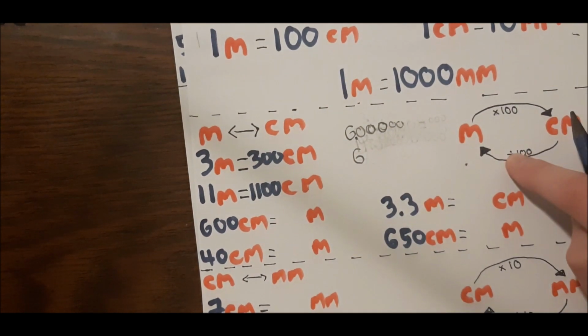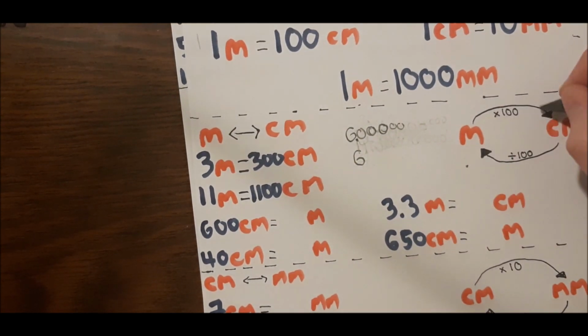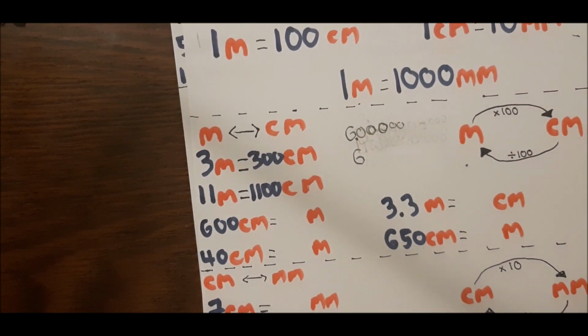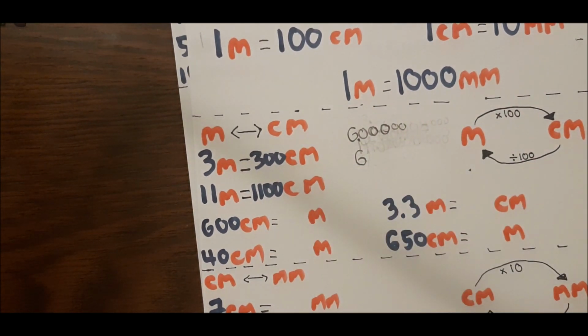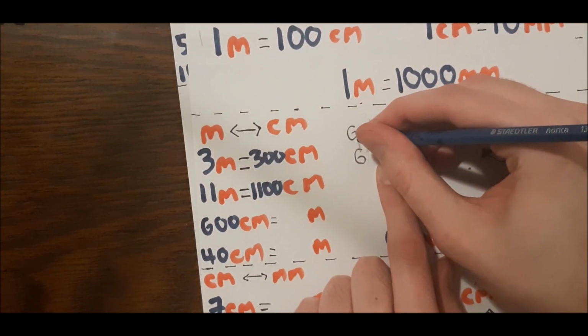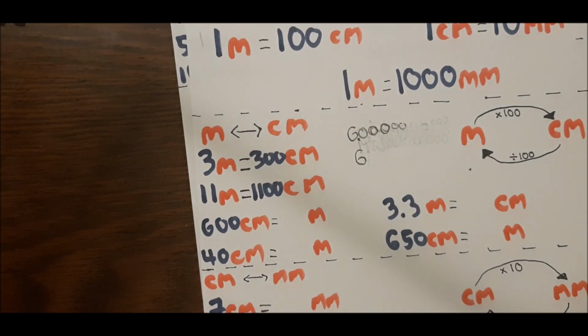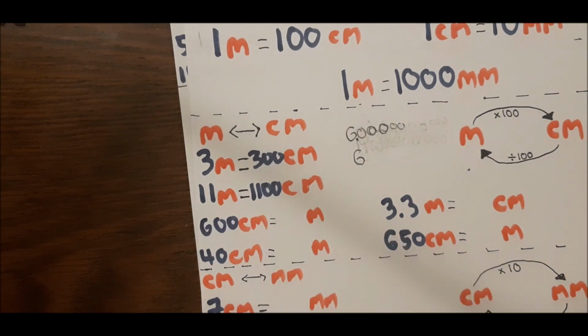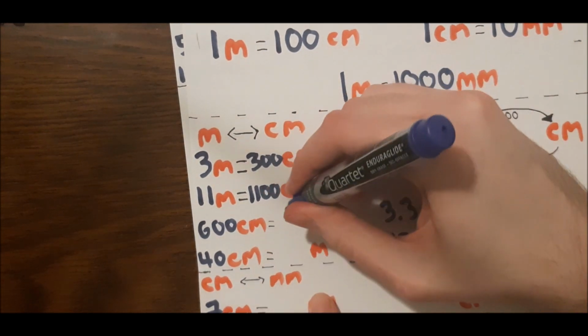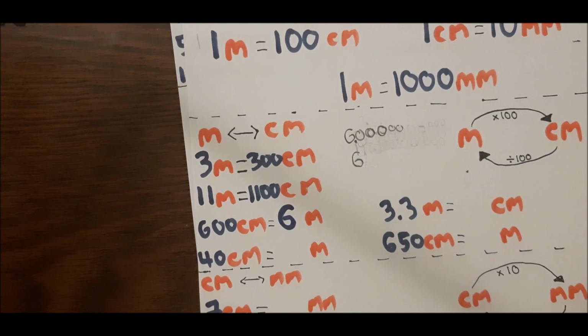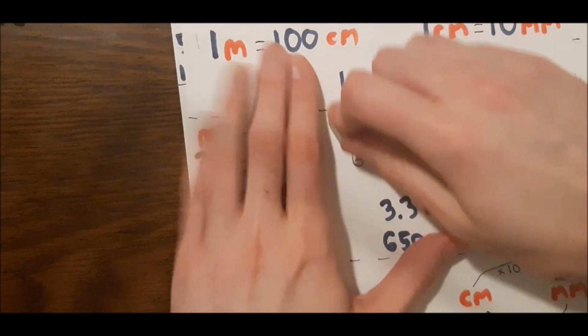If you're dividing, you move it to the left. And these arrows actually work with that, so very easy to remember. So we took this 600, we divided it by 100, or we moved the decimal 2 spots to the left, and that gave us an answer of 6. So we know that 600 centimeters is the same as 6 meters. All right. Next question. 40 centimeters.